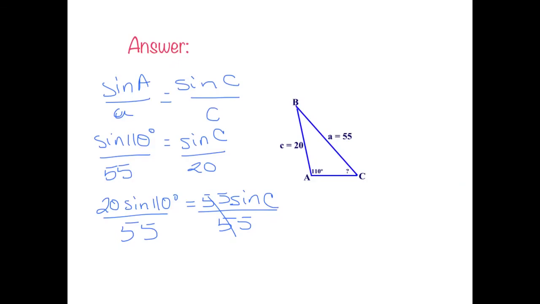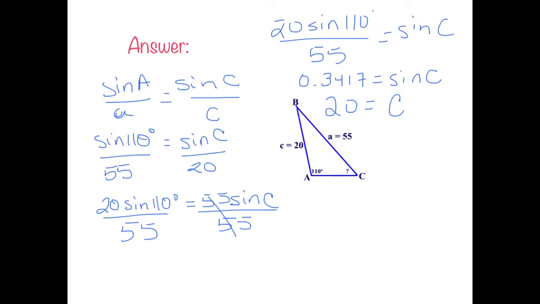So at this point I have 20 sine of 110 over 55 is equal to the sine of c. I'm going to solve for the left-hand side and then take the inverse. Once I take the inverse of both sides, I get approximately an angle of 20 degrees for C.